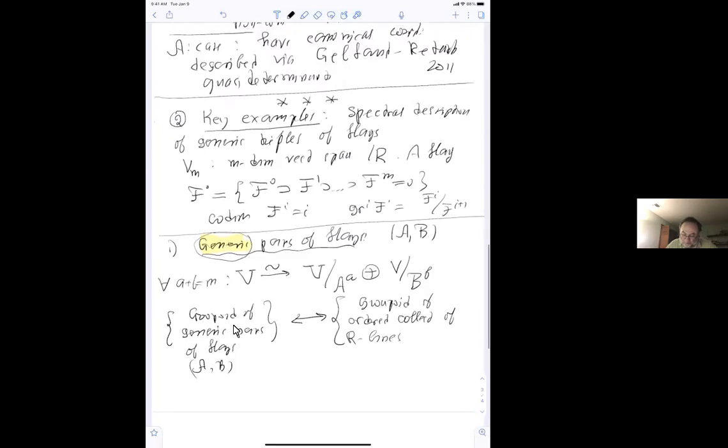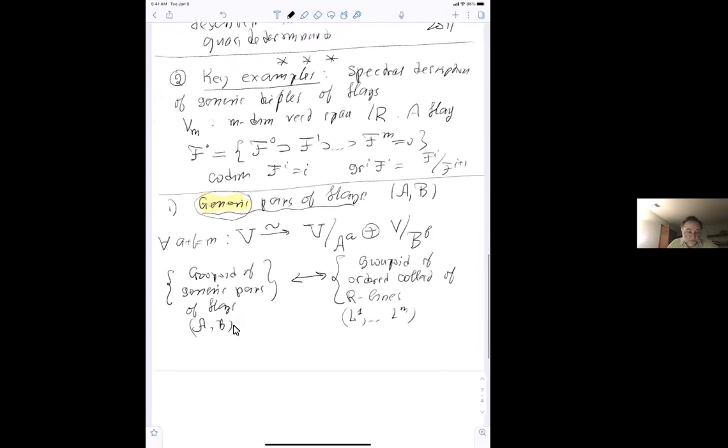For the last time, I emphasize this R. And so this is L1 and so on Lm. That's the lines. So how does this correspondence work?